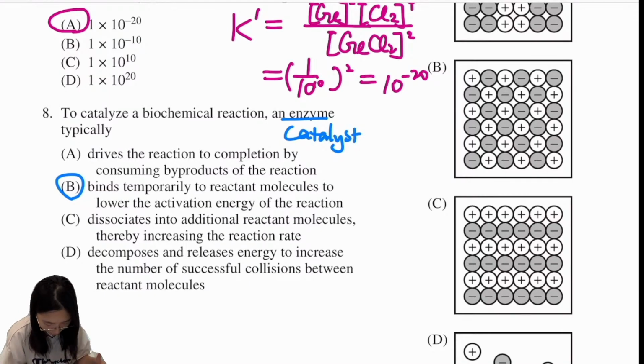And C, dissociates into additional reactants. No, a catalyst does not dissociate. D, decomposes and releases energy. It does not release or absorb energy. Yes, so all of you got B. Great.